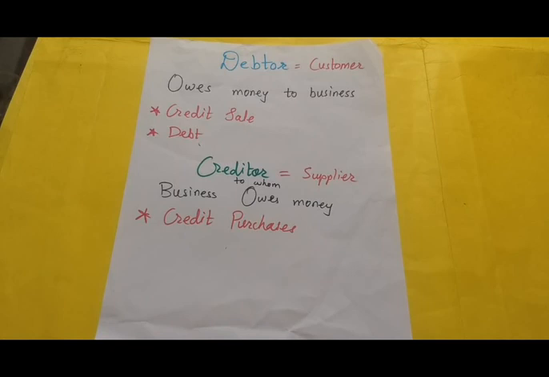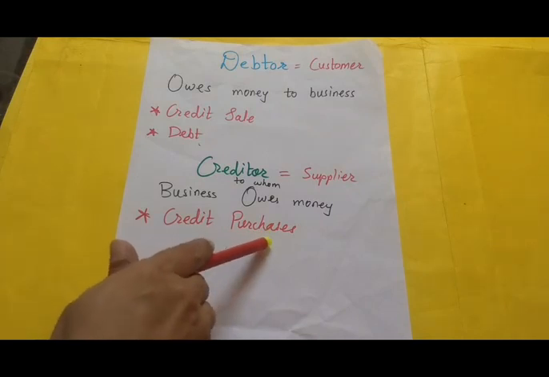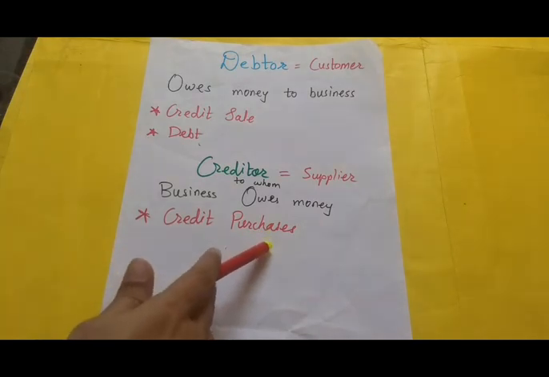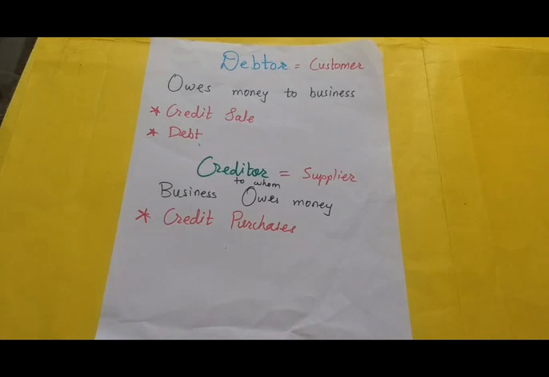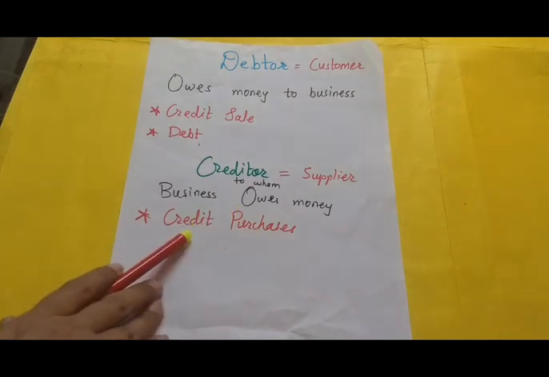If you are a business owner and you purchase material, you purchase goods, so it's about purchases. You purchase goods or material of rupees 5,000 from Ramakant on credit. So you did a credit transaction. You have not paid anything to Ramakant.